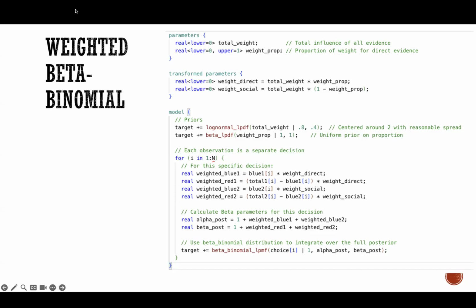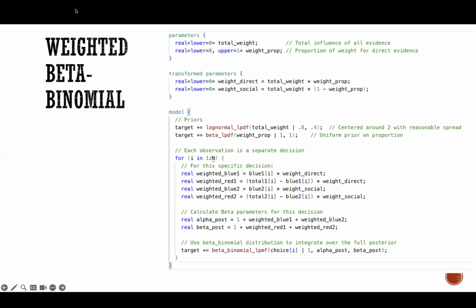Then we have two priors. One is for the total weight, and now the total weight is a positive number, right, that can go up to infinity. So I give it a log prior, and then I center it at 2 with a reasonable spread, which in log space is a mean of 0.8 with a standard deviation of 0.4.